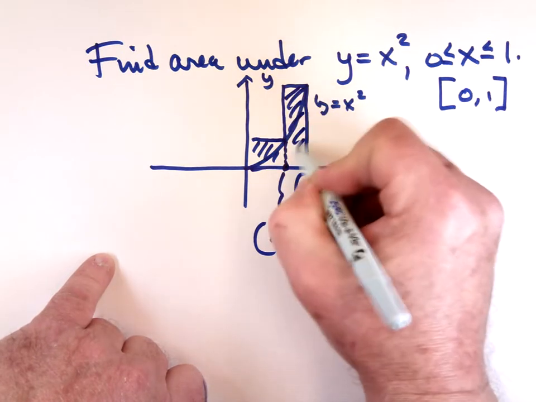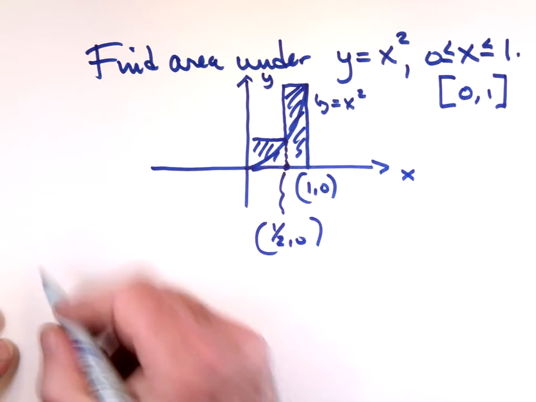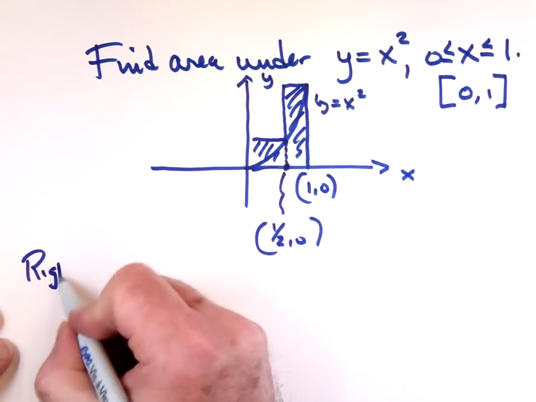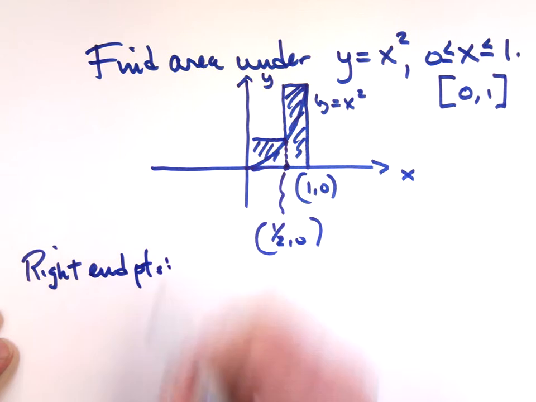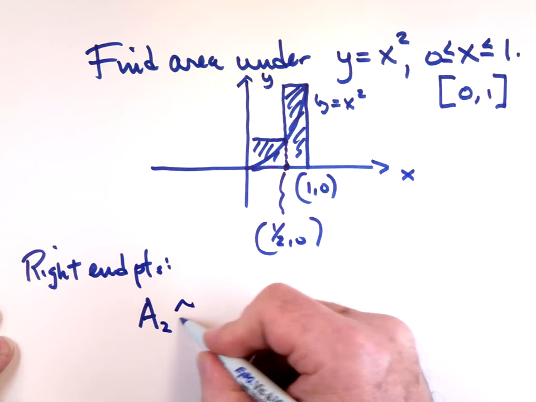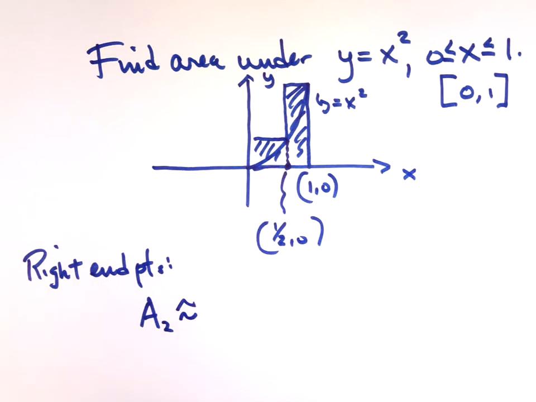Right endpoints. The area under that curve, in terms of these two rectangles, I'm going to put a little 2 there, is approximately equal to the sum of those two rectangles. Let's take a look at the first rectangle. First rectangle is this one here.